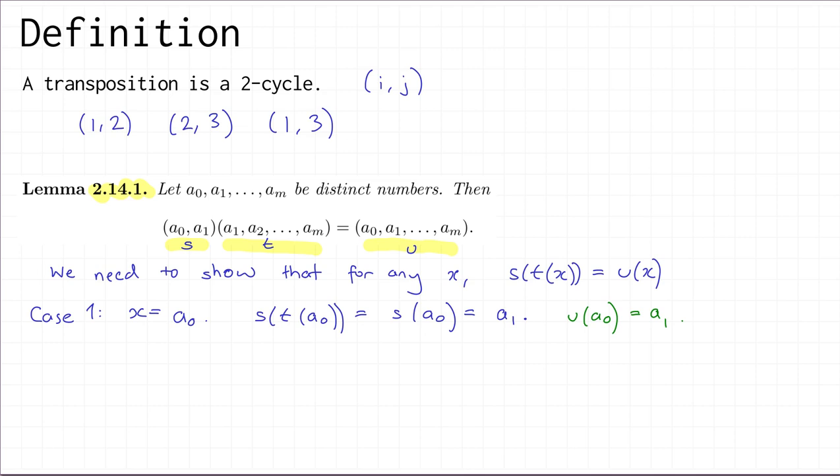So let's try the next case. Let's try x is equal to ai for some i between 1 and m minus 1. Okay, we will work out S of T of ai.